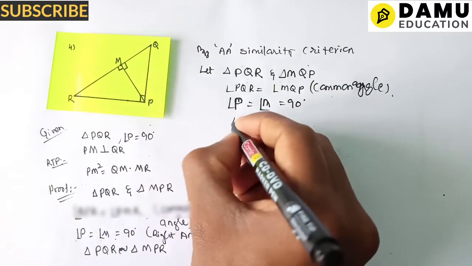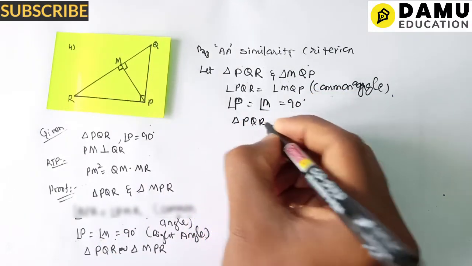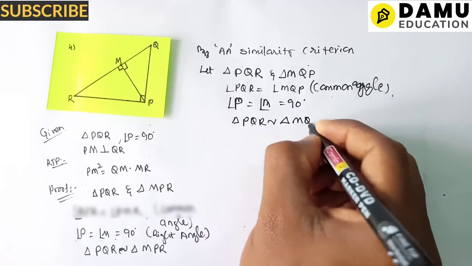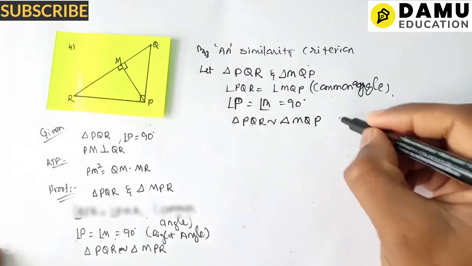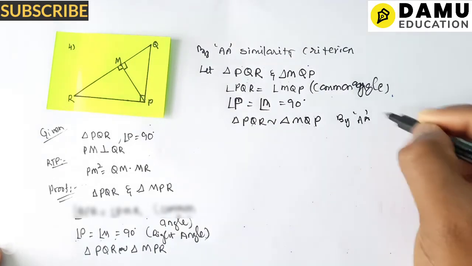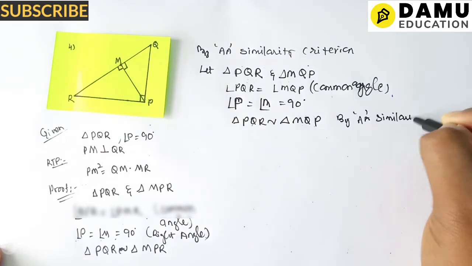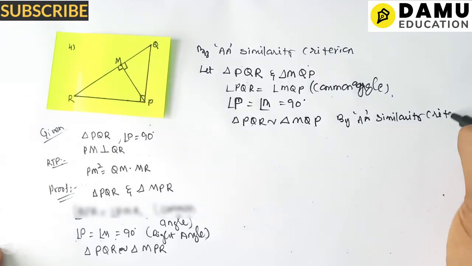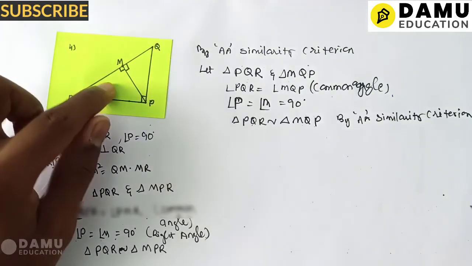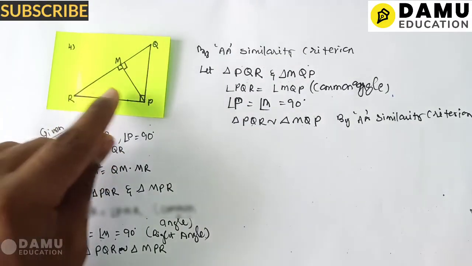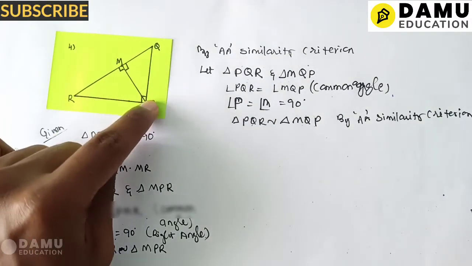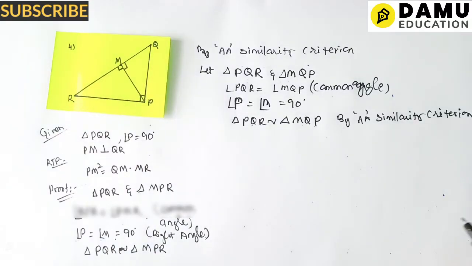So it is also similar. PQR is similar to MQP, and both are similar by the AA similarity criterion. What I am trying to do here is take these triangles separately and show that both are similar to PQR, and therefore similar to each other.